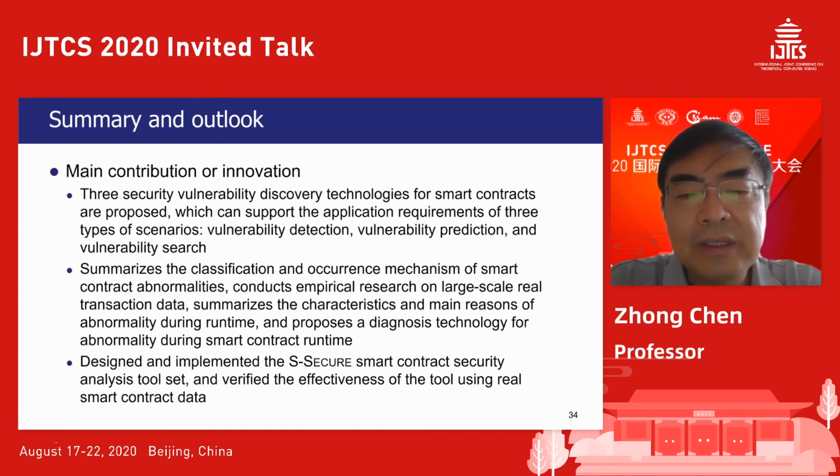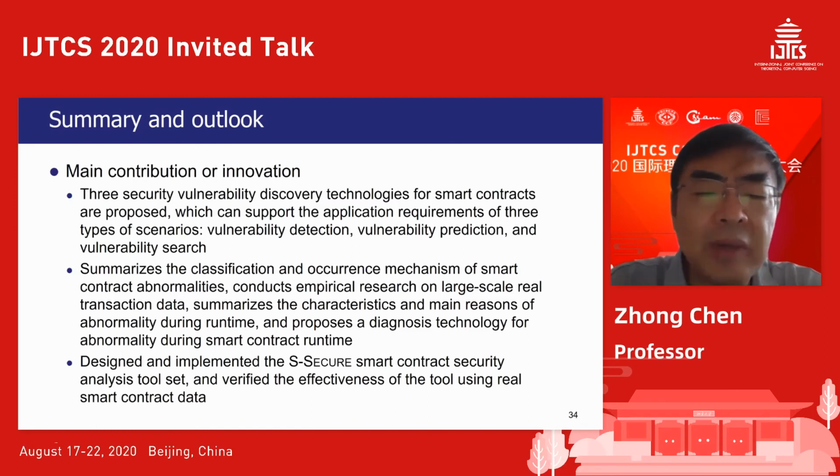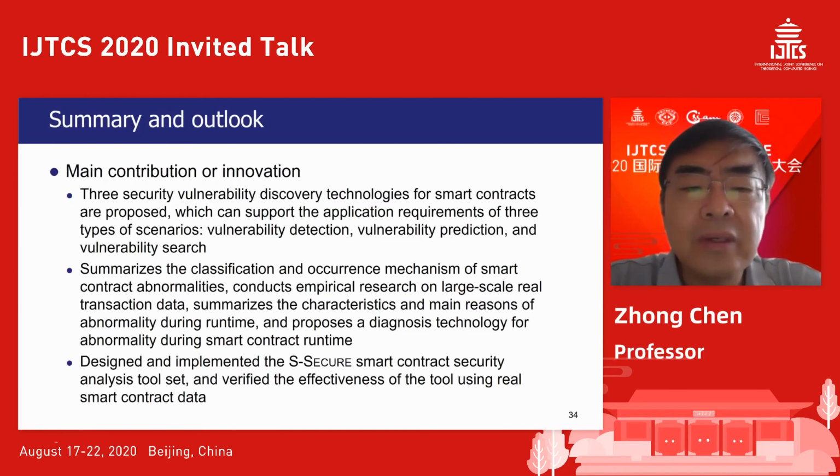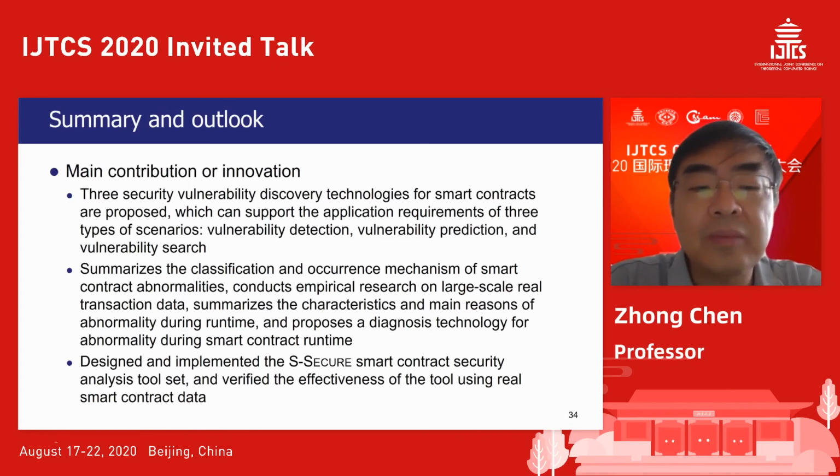It summarizes the classification and occurrence mechanism of smart contract anomalies, conducts empirical research on large-scale real transaction data, summarizes the characteristics and main reasons of abnormality during runtime, and proposes a diagnosis technology for abnormality during smart contract runtime.